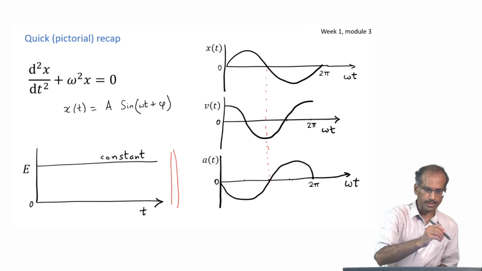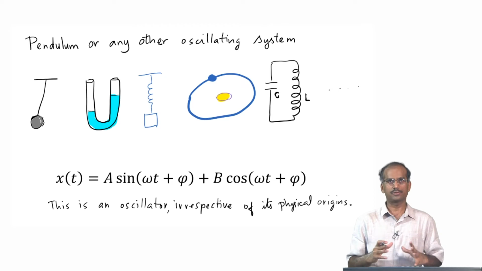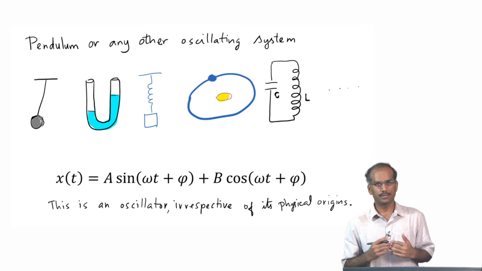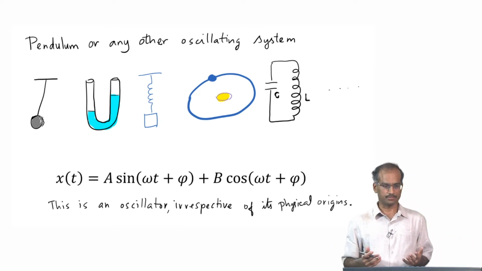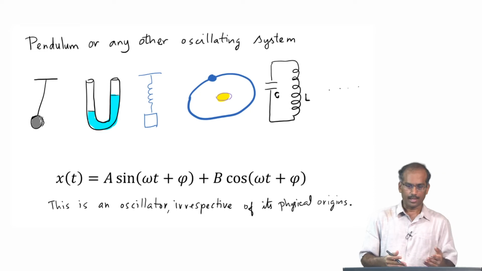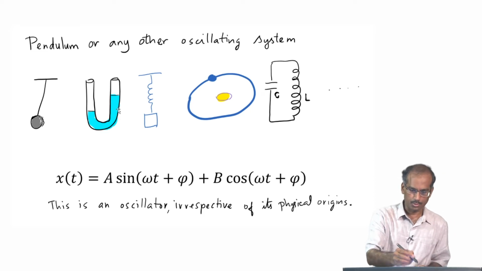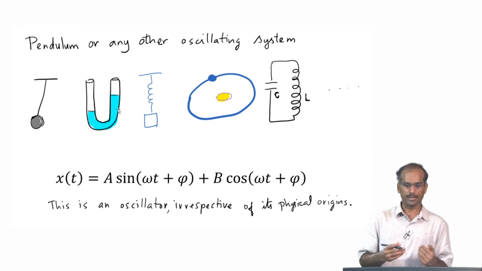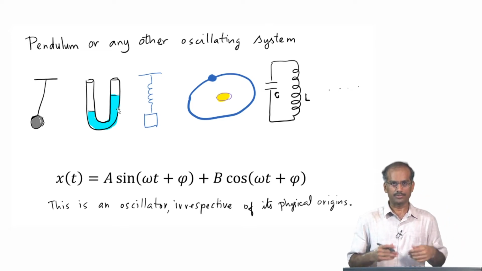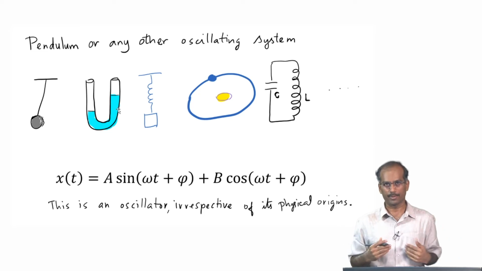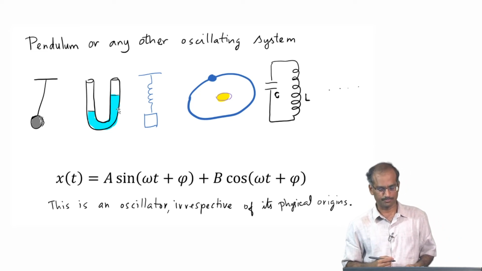To be able to do that, we need to slightly liberate our ideas, in the sense that you can have any sort of oscillating system. I have a pendulum here, and a U tube with some liquid in it; if I press the liquid in one of its arms, it is going to start oscillating up and down. That is an oscillatory system.